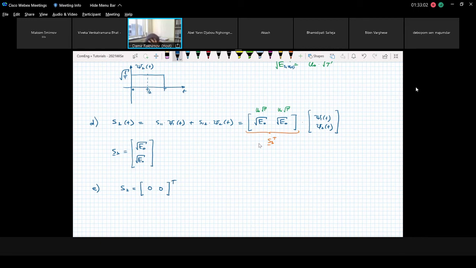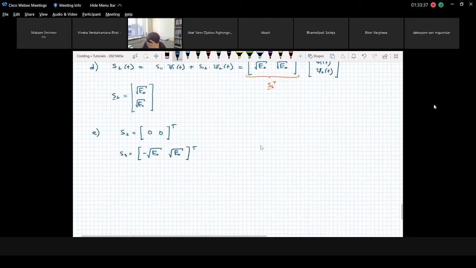Signal S3 is minus square root of E0, square root of E0 transpose.